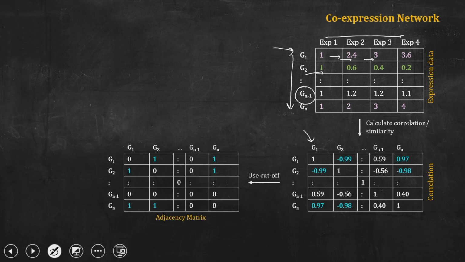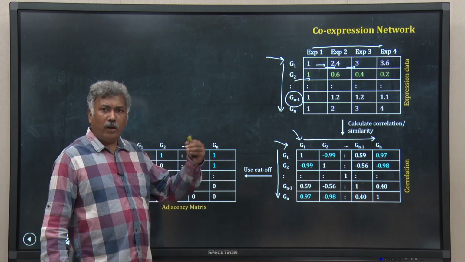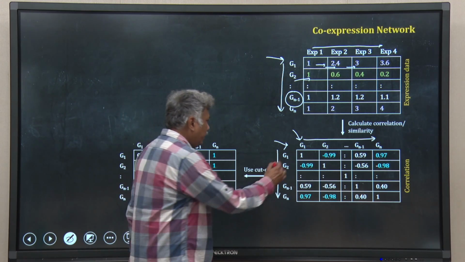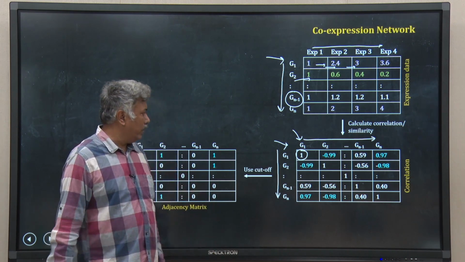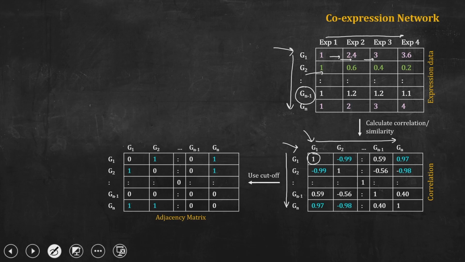As you can see, obviously this will be a square matrix where G1 to Gn are on the columns and G1 to Gn on the rows, and the diagonal element will always be 1 because this one is the correlation between gene 1 and gene 1. So, that will obviously be 1, but look at this value.